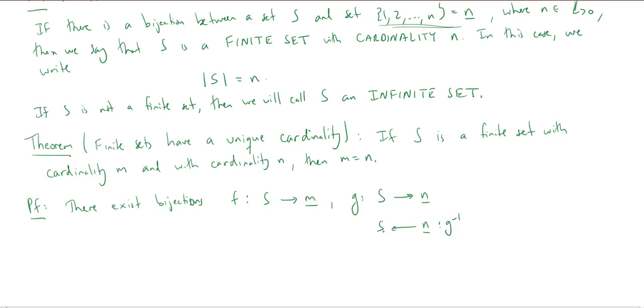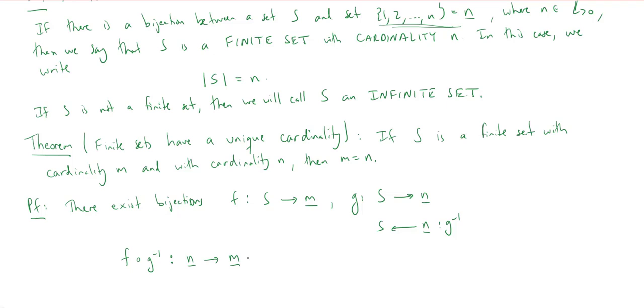Okay, so now I have this bijection. But now we can look at the composition, F composed with G inverse. So this is a function that, well, let's see, G inverse starts with N. So I start with N, then it goes to S, and then S takes you to M. So in total, I get a function from the set with N elements to the set with M elements.